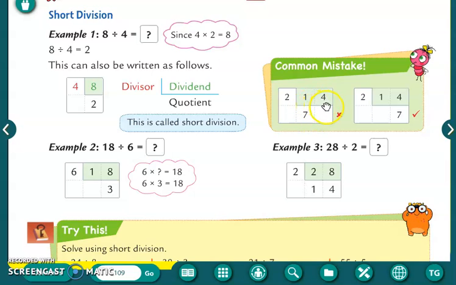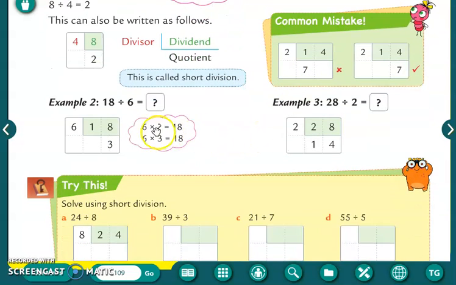Whenever these two numbers are there, you have to write the quotient here in the ones place only. Don't write it on the tens place. Second example, 18 divided by 6. So you know 6 multiplied by how much gives 18?